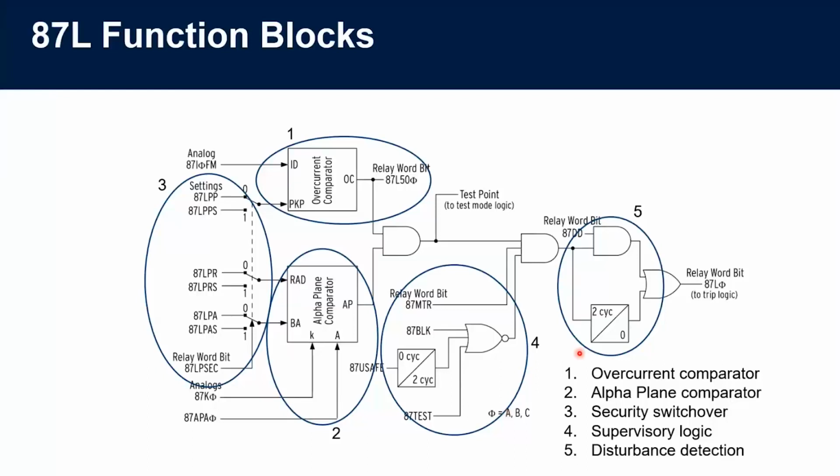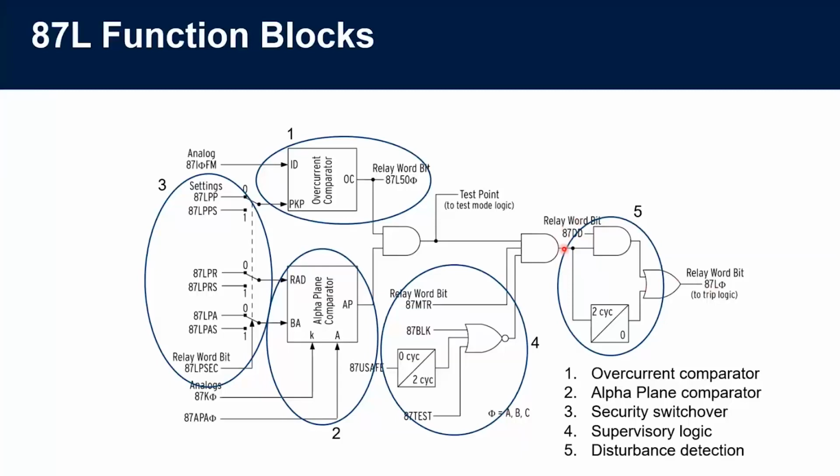This is mainly made to take care of misoperations that can be caused by problems in communication. So if we have a bad information exchange and we have a false differential current, the relay still has to see a disturbance locally and remotely for it to operate instantaneously.